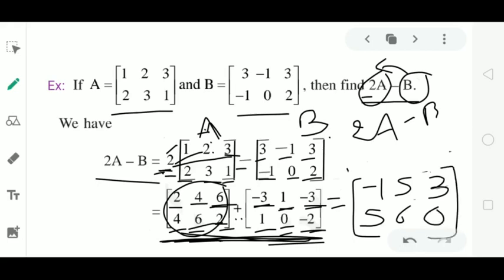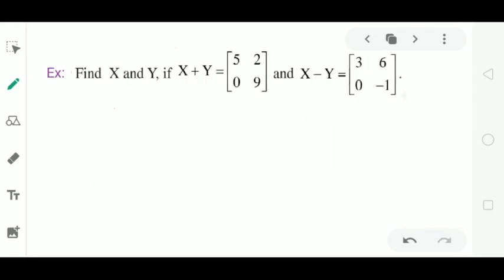This is the matrix 2A minus B. Next example. Find X and Y if X plus Y is equal to the matrix containing elements 5, 2, 0, 9 and X minus Y is a matrix containing elements 3, 6, 0, minus 1.